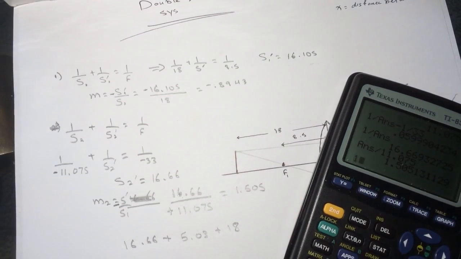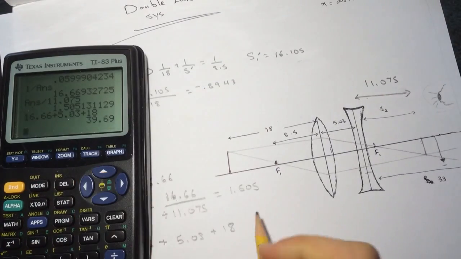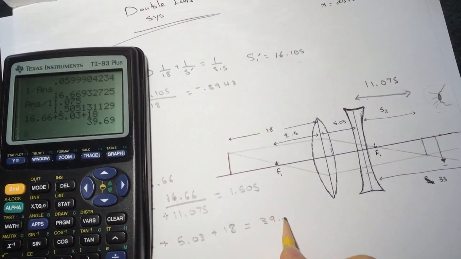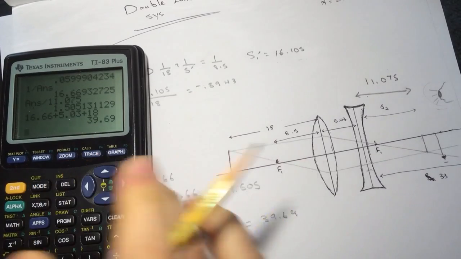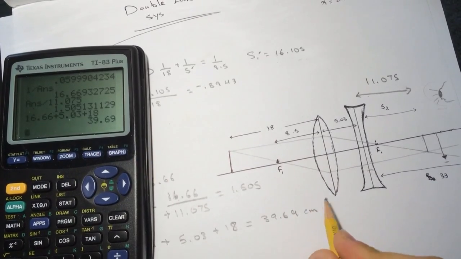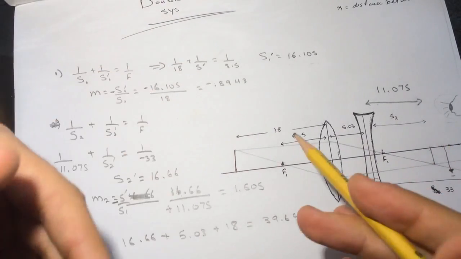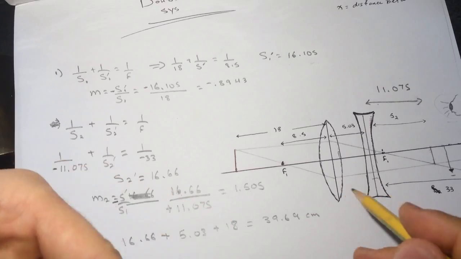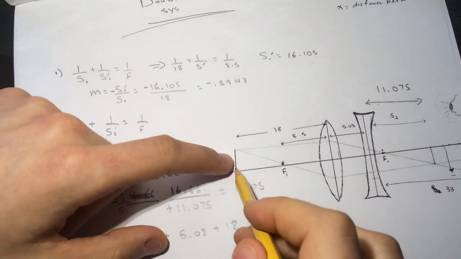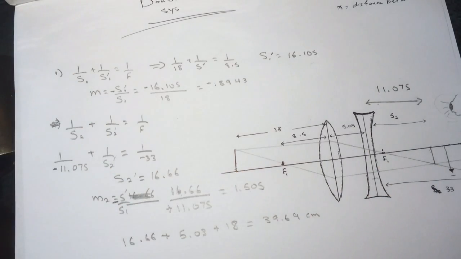So 16.66 plus 5.03 plus 18, I get 39.69 centimeters. So this is the distance between the image produced by the two lens system and the original object.